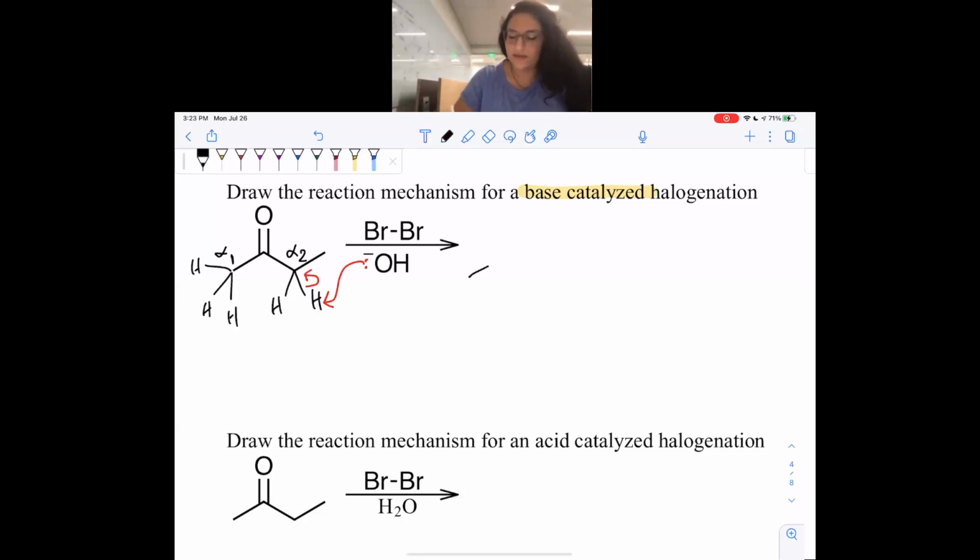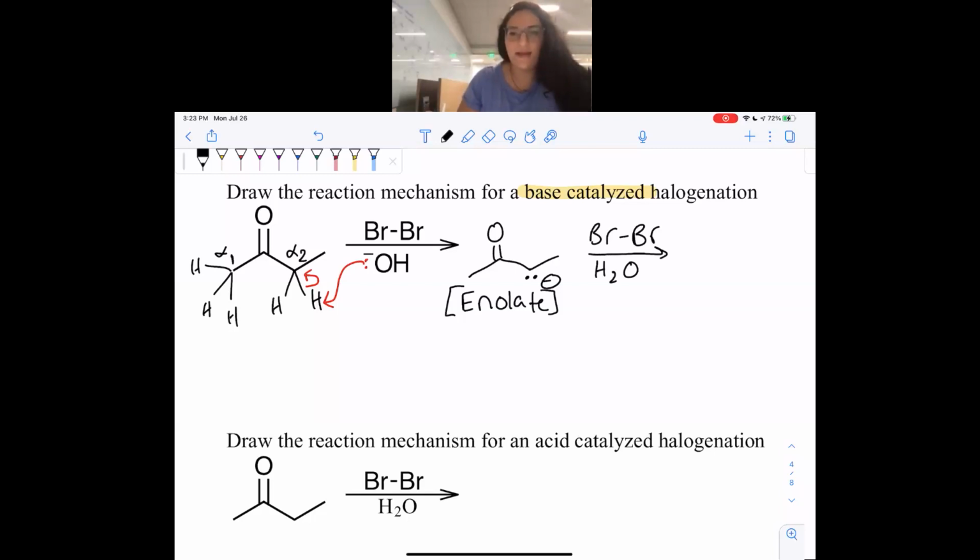And so we are going to get a negative charge here. And once we get the negative charge, what is this molecule called? Yes, the enolate. All right, so at this point, we have H2O and we have Br2. And essentially, this is now the nucleophile.